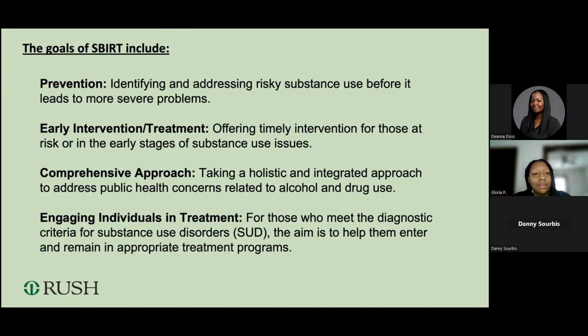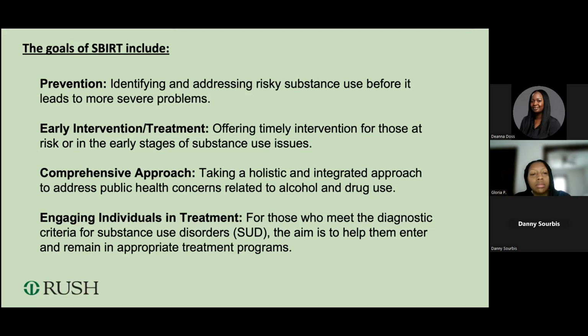So what are some of the goals of SBIRT? It's for prevention, early intervention and treatment, a comprehensive approach, and engaging individuals in treatment. With prevention, you are identifying and addressing risky substance use before it leads to more severe problems. With early intervention, you're offering timely intervention for those at risk or in the early stages of substance use issues.